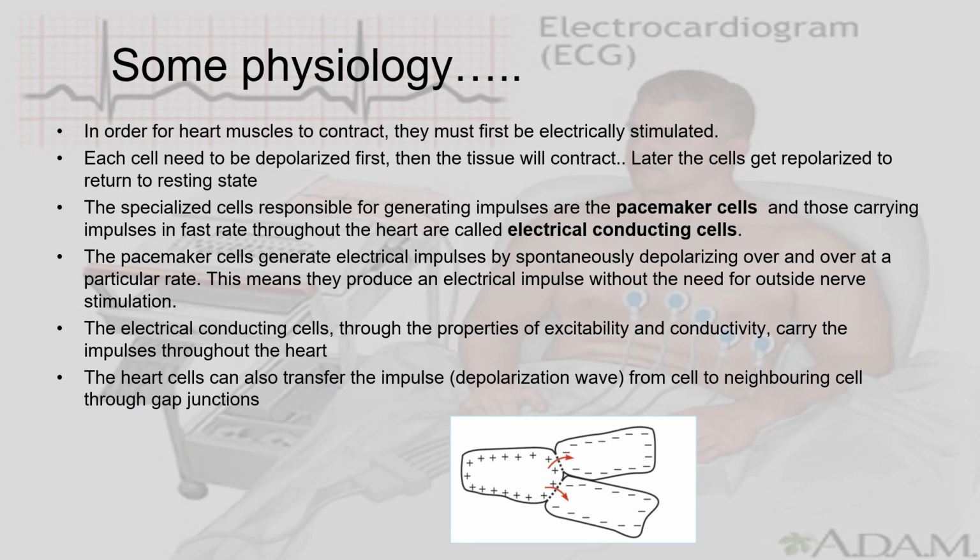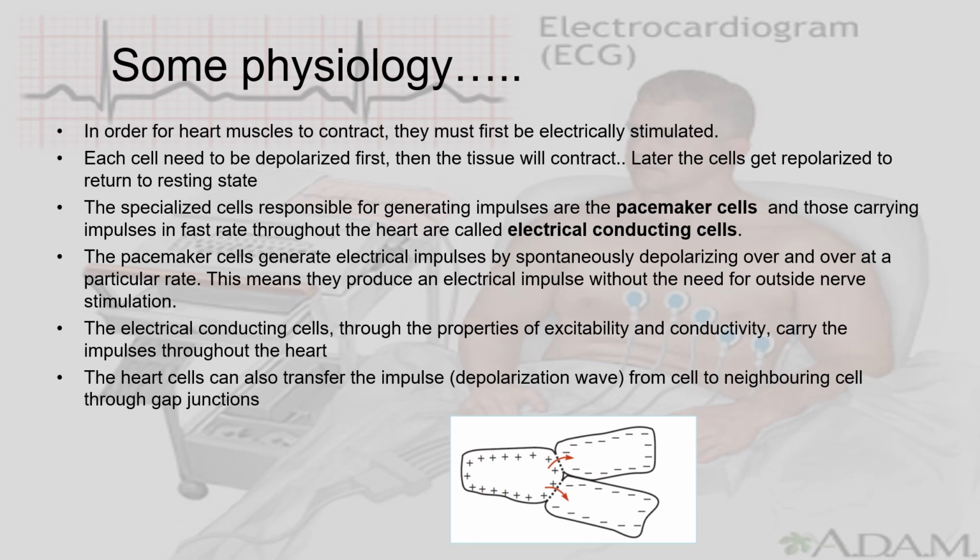In order for the heart muscle to contract, they have to be electrically stimulated, similar to any muscle in the body. And stimulation means depolarization. Depolarization means a change in the polarity of the cells between inside and outside. So what's happening in the cell?